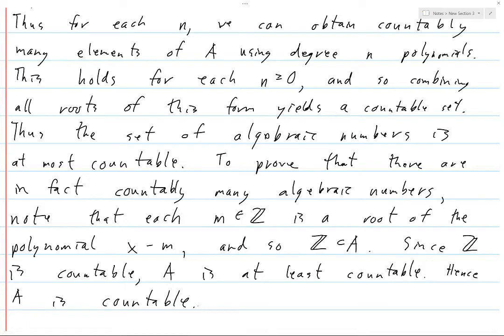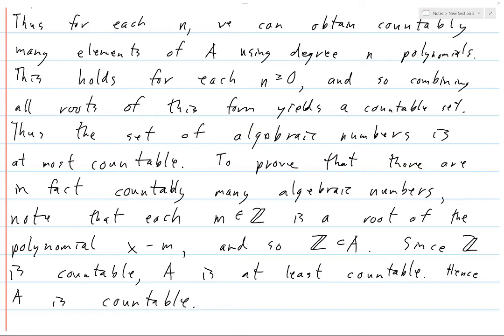Because you can sort of think of a polynomial of degree n as being an ordered tuple of n integers, where each coordinate corresponds to some degree term.